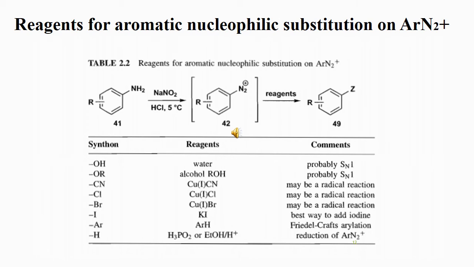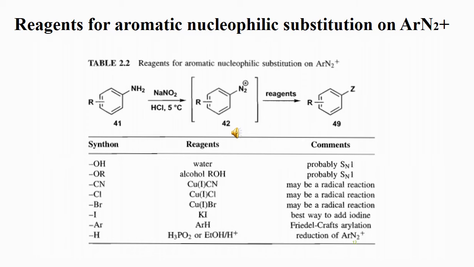Now, as far as reagents for aromatic nucleophilic substitution are concerned, a table is given here after the reaction. As we know, the substitution starts from a primary amine that is diazotized.